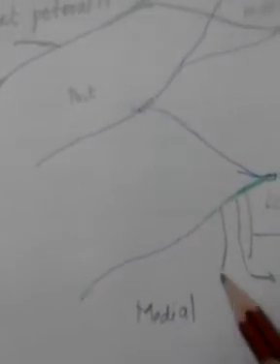Median nerve, and from the medial cord arises 3: 1, 2, 3. This is the medial pectoral nerve. So on the medial side, all are medial.